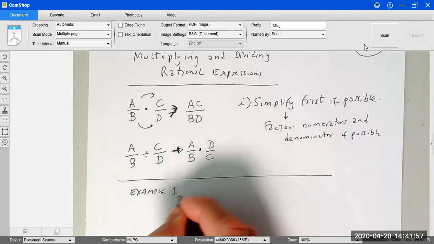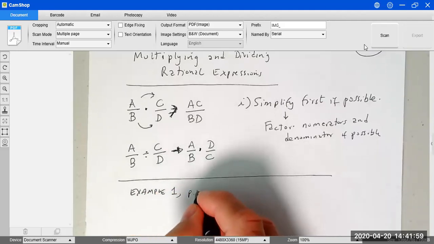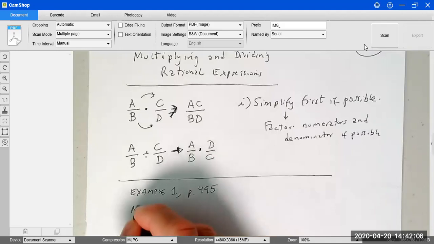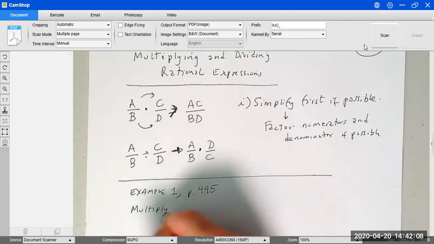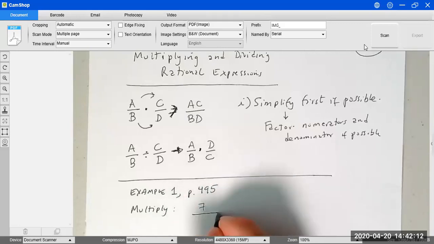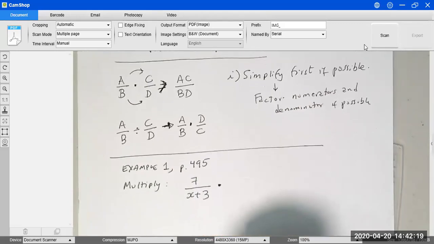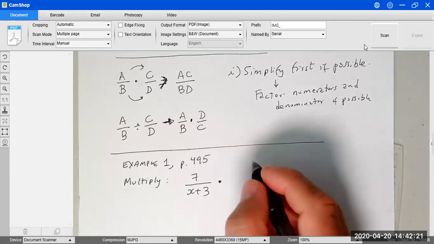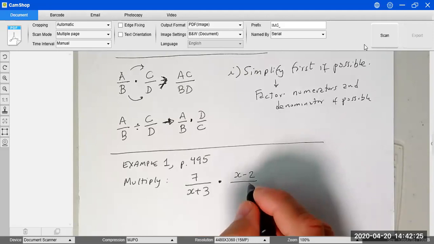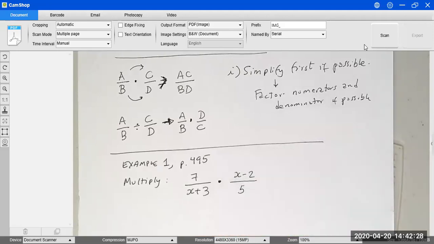Example 1 is on page 495, and this is going to be about the following. We're going to multiply 7 over x plus 3. That's the first rational expression, and then the second rational expression is x minus 2 over 5.